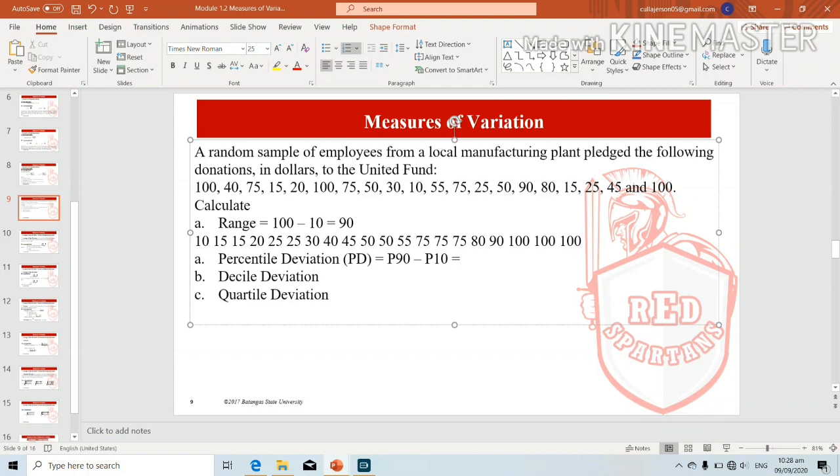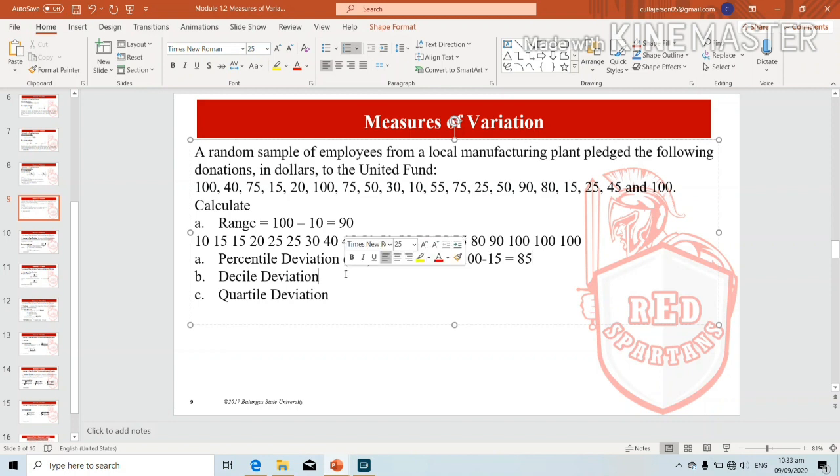So, ang pang 18th na value ay 100. Minus, yung P sub 10 natin, 10 times 20 over 100 is 2 or second. Ang second natin is 15. So, ibig sabihin, yung ating PD is 100 minus 15 equal to 85. So, yan yung ating percentile deviation.